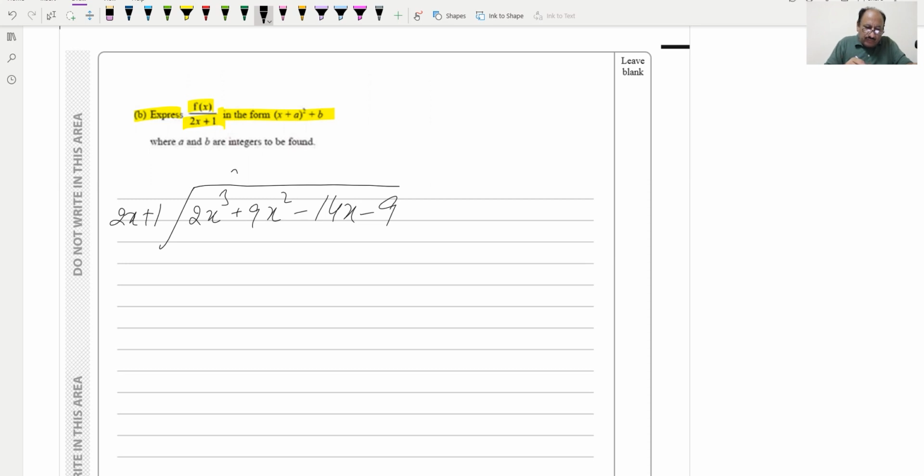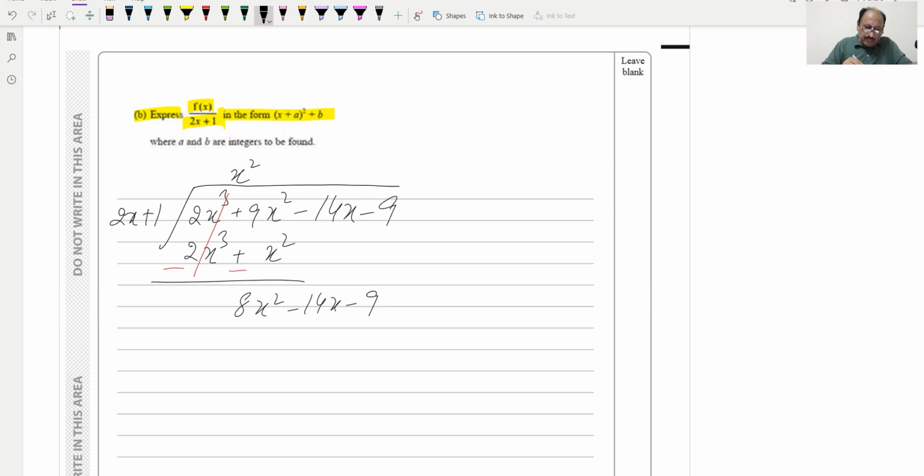We will first take x squared, so this will be 2x cubed plus x squared, and next we can change sign and cancel, so remaining will be 8x squared minus 14x minus 9.